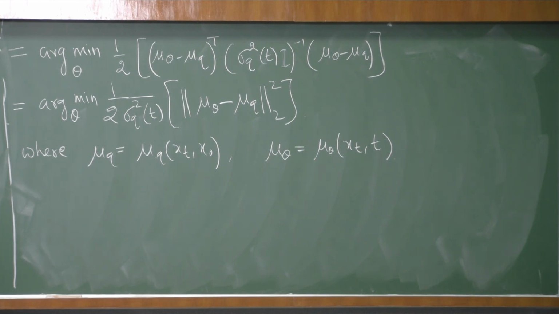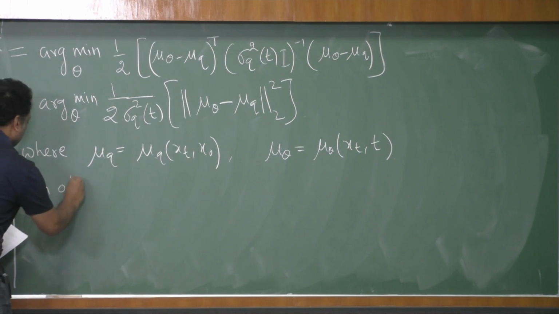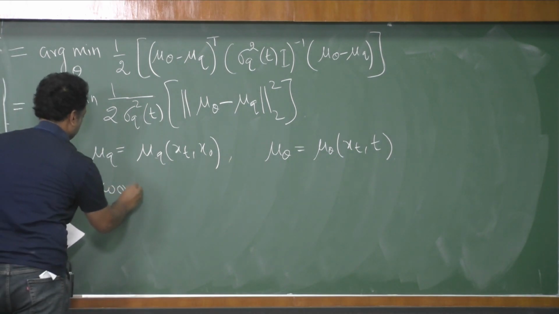Basically we want to predict the noise that was added. Because if we can predict the noise, then we can subtract that noise and get the denoised version as we go back one step in time. So this is what it means.